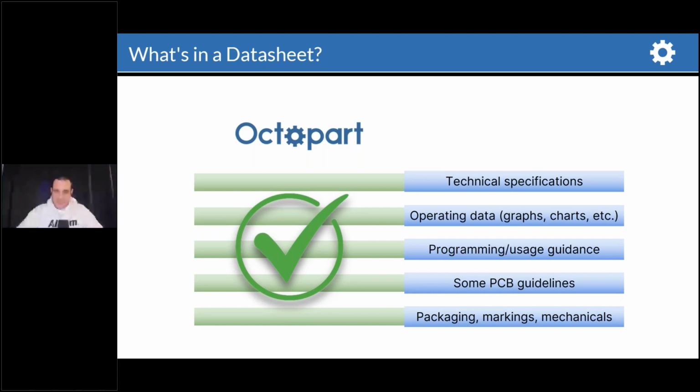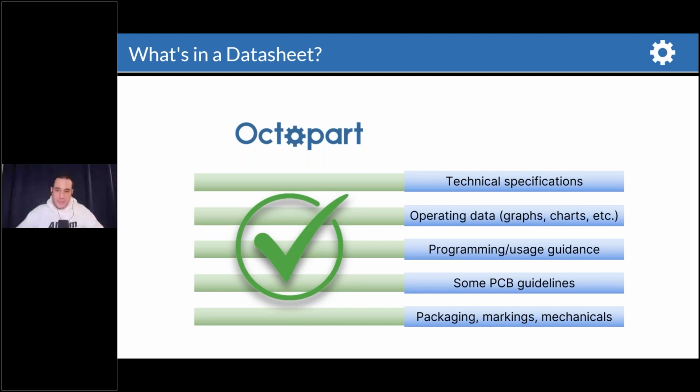In some cases, with programmable components such as ASICs, such as processors, you have programming and usage guidance. And this is where you start to see divergence between what's in a data sheet and what's not in a data sheet. And for some components, you may even see PCB design guidelines. This could be something as simple as a footprint, and it could be something as complex as actual layout suggestions.